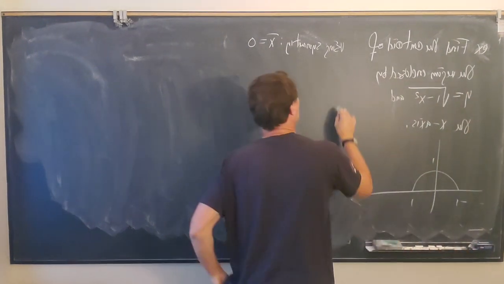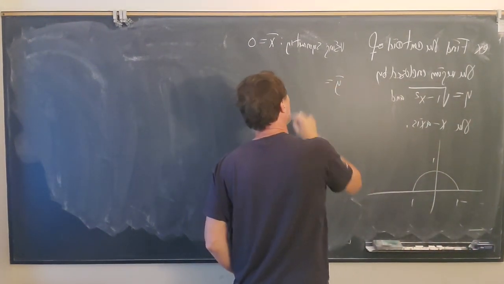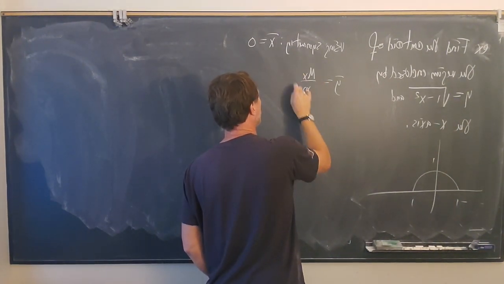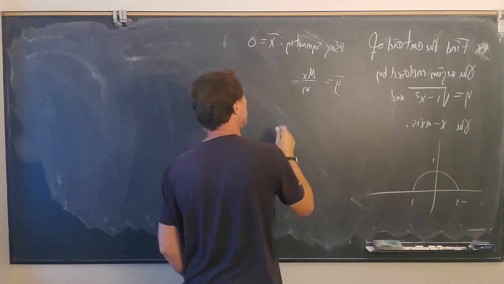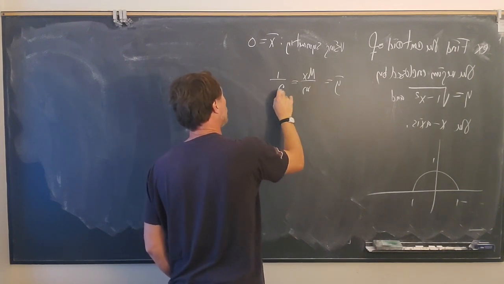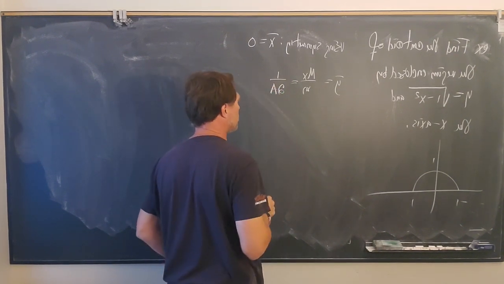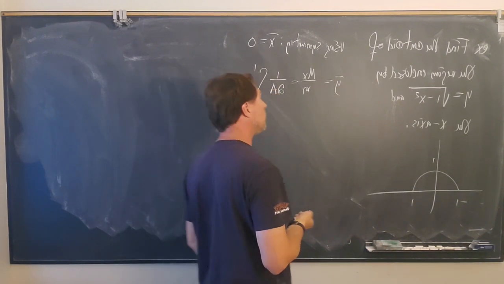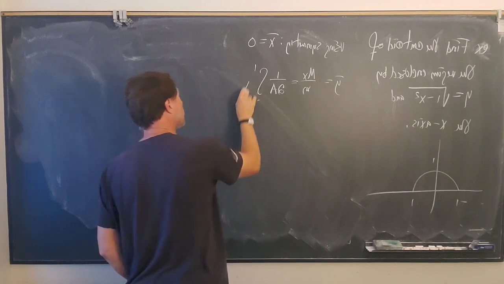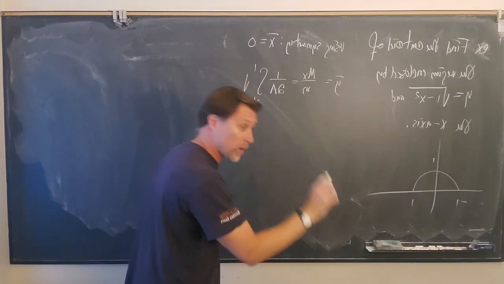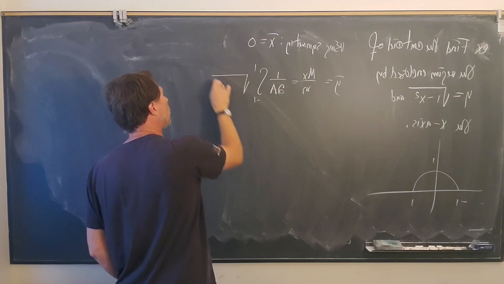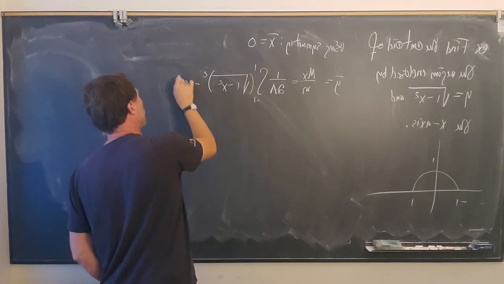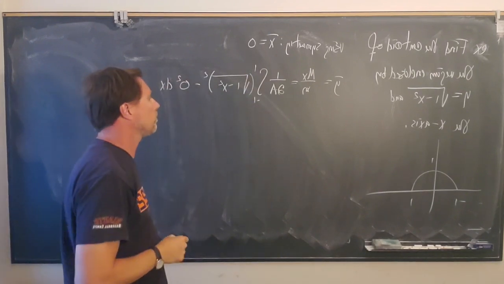Next, we need to compute y bar, and we know that y bar is equal to, officially, m sub x over m, but we know that that is going to be 1 over 2A times the integral from -1 to 1, top function squared minus bottom function squared. So it'll be square root of 1 minus x squared, squared, minus 0 squared dx.